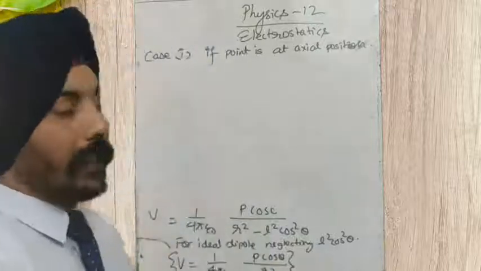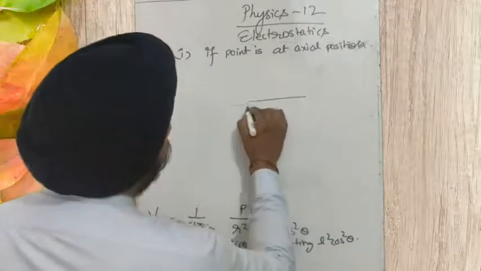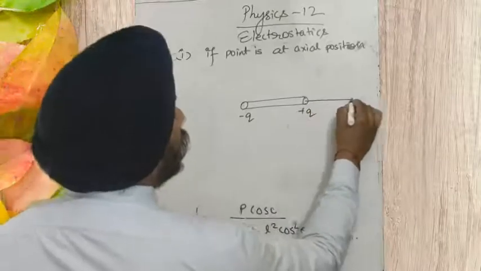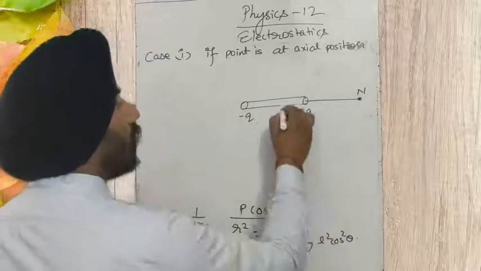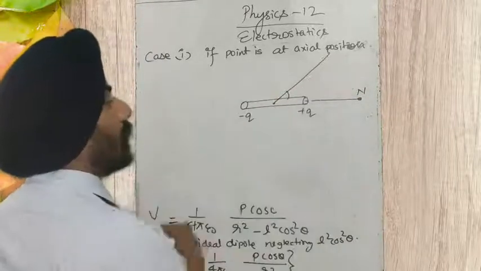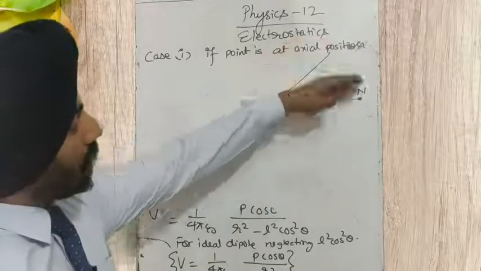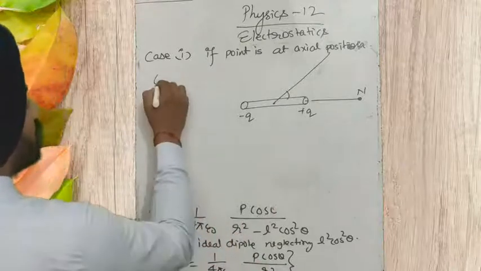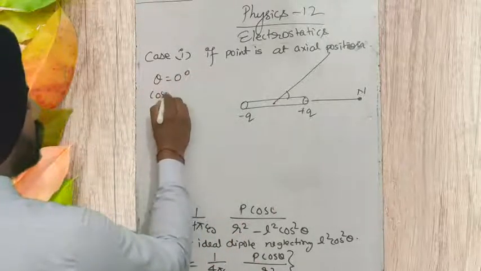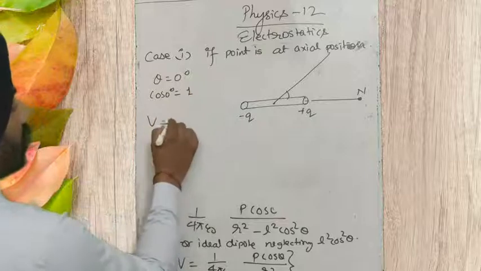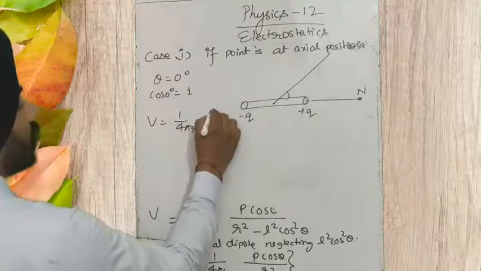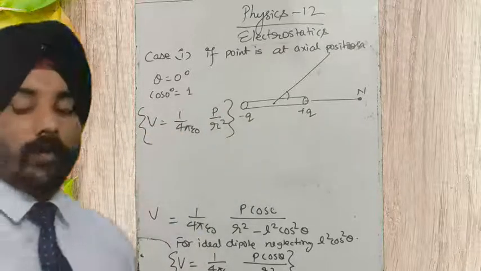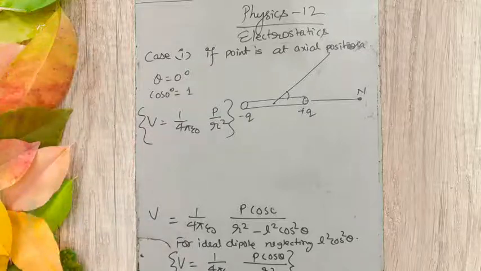For the axial position, the point is lying along the dipole axis, so theta will be equal to 0, and cos 0 is equal to 1. So potential will be equal to 1 upon 4 pi epsilon naught, P upon R square, the same as we calculated before.